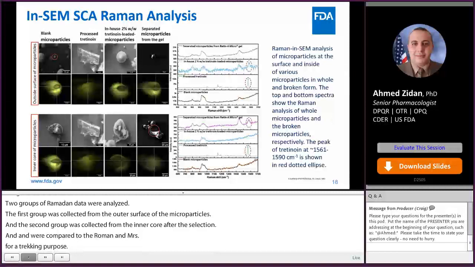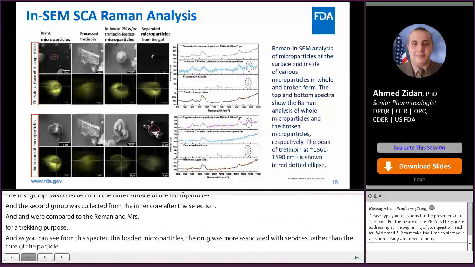On the contrary, for the separated microparticles, the drug was more localized at the core of the microparticle rather than the periphery. This result suggests that the washing step during extraction from the drug product didn't remove tretinoin completely from the separated microparticles.